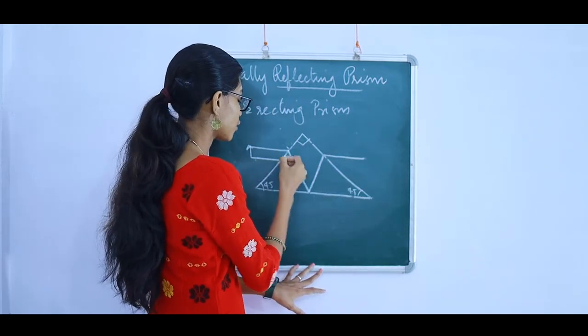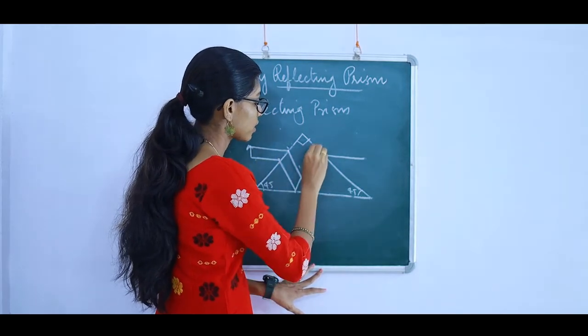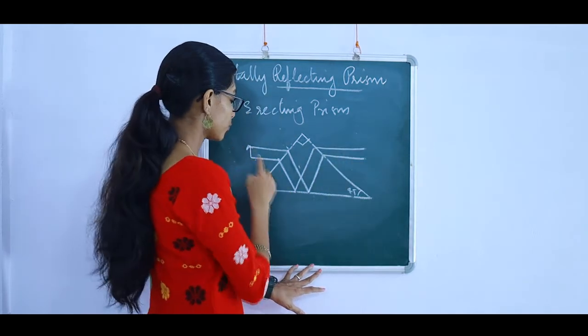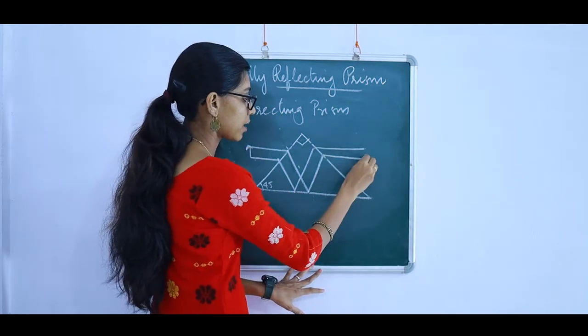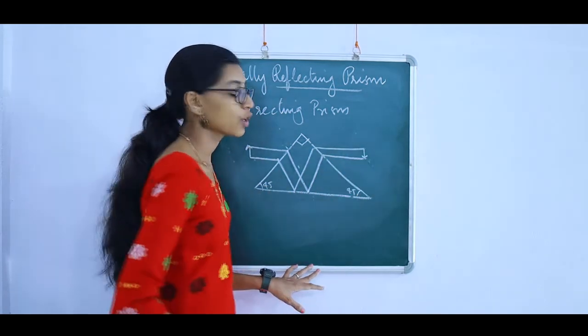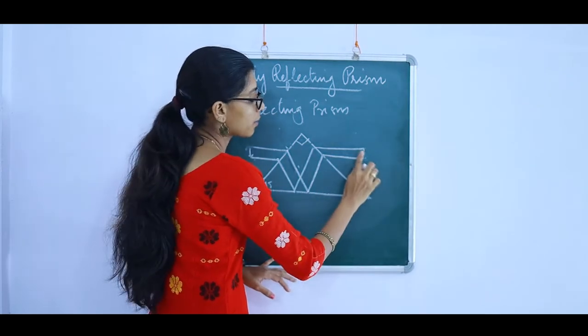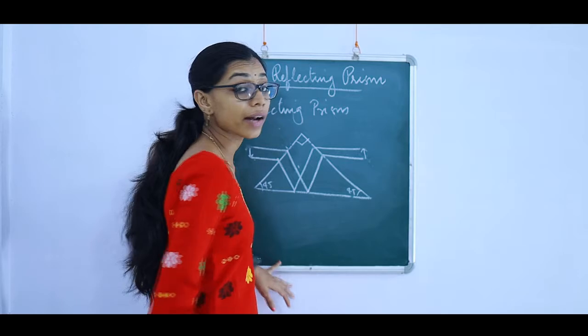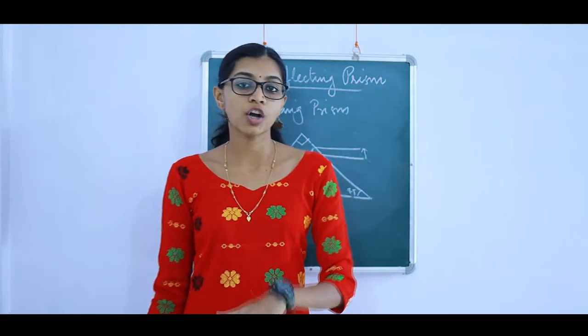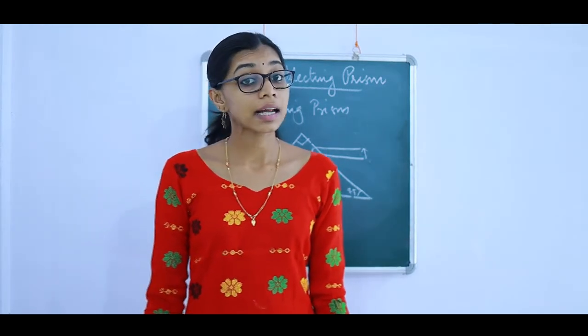Same way, when we draw from here, you will get it like this. So this is your head comes here, tail goes up. If you had an inverted object, you will have an erect image.